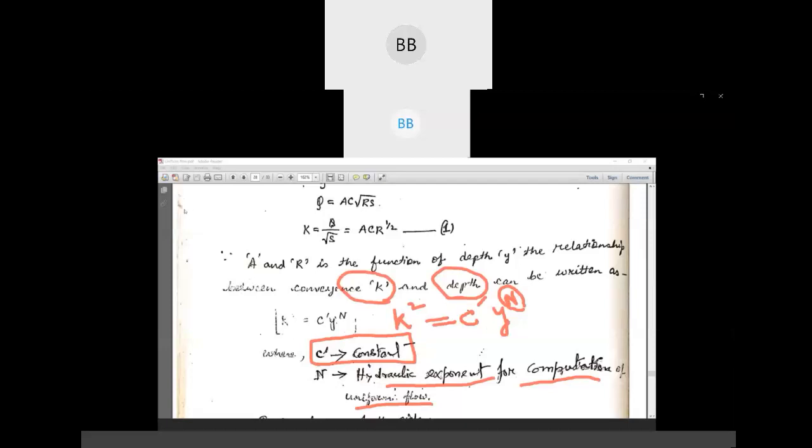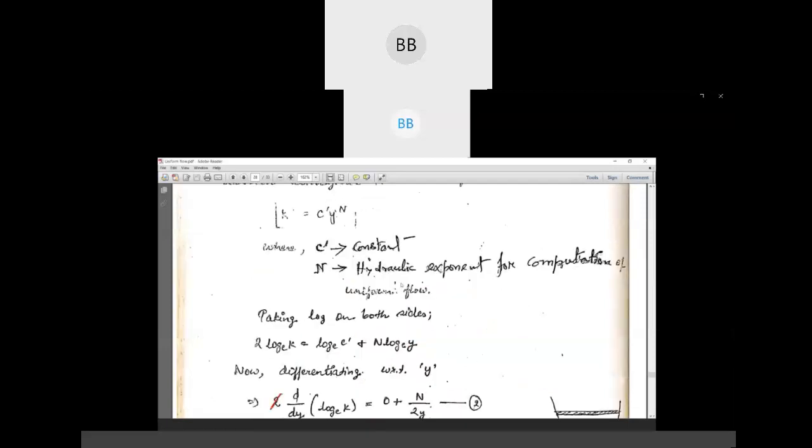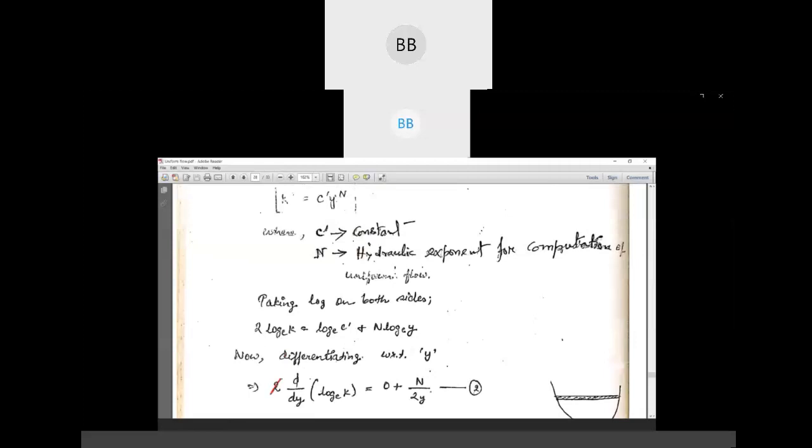Move on to the next. Then we are going to take log on both sides of this equation. If you take log, it will be twice log K is equal to log C dash plus, as this is to the power N, here N log y.